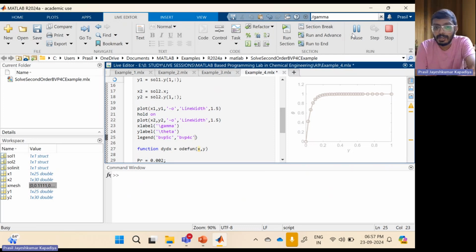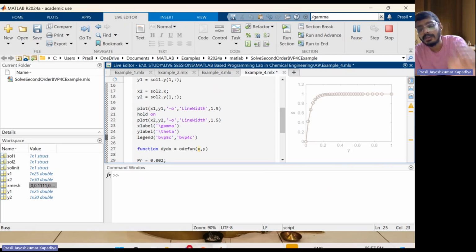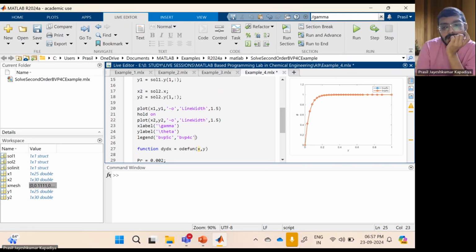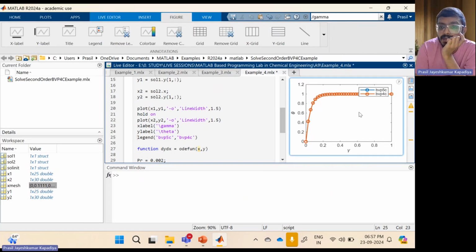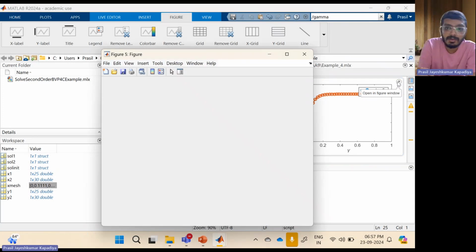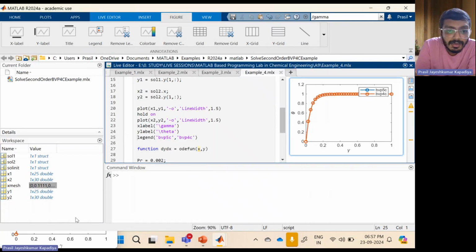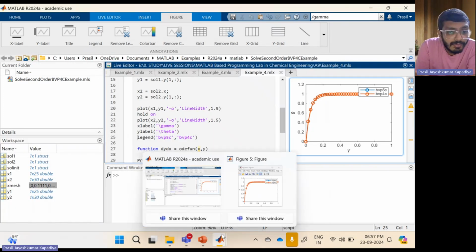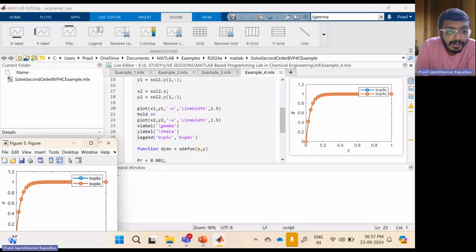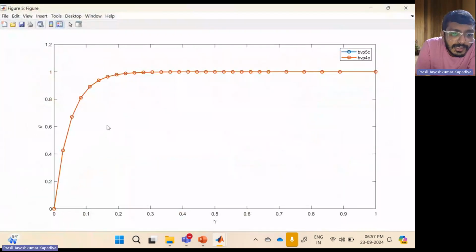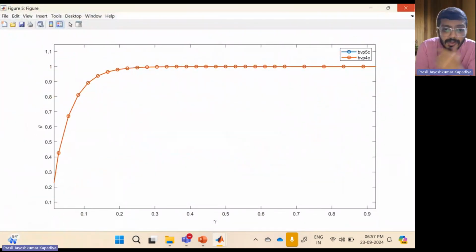If we reduce the points, I guess then we will be able to differentiate. Right now, both are coinciding with each other. If I open it on a big screen, where did that plot go? Yeah, here. Okay, so here it is really difficult to differentiate.